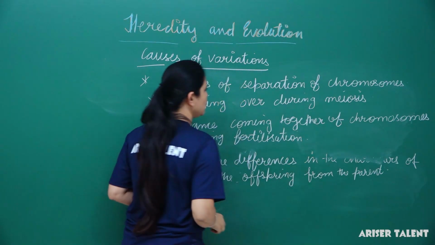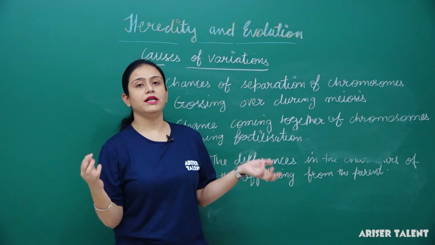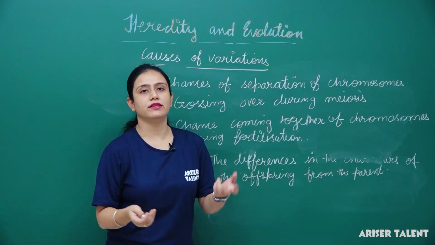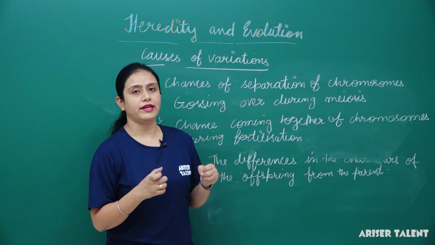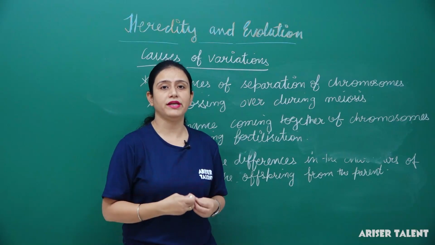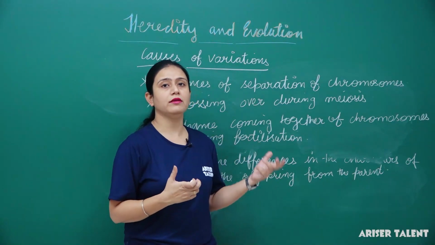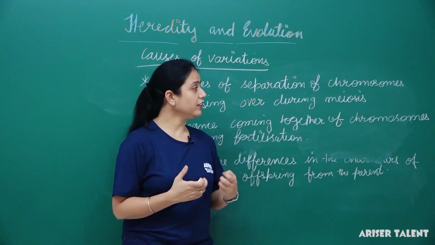As I told you, during sexual reproduction, when the male and female gametes get fused and form a new zygote, this zygote carries some characters. The new baby who is born carries some characters from the mother and some from the father, which are common in him.